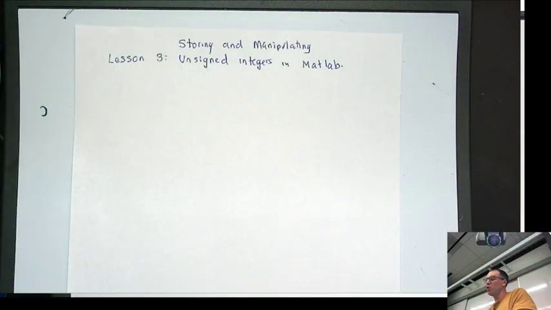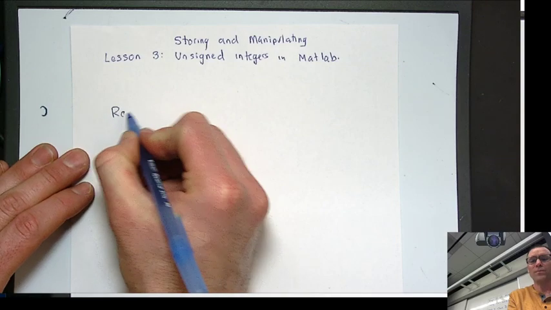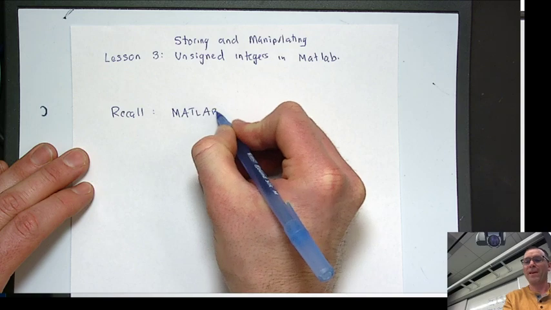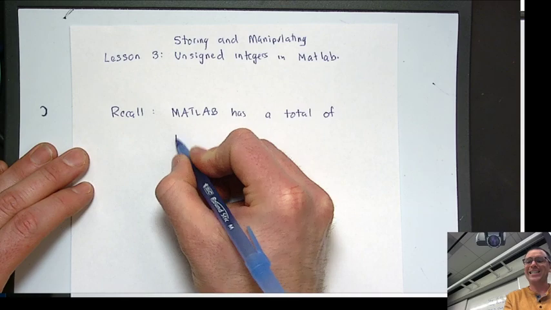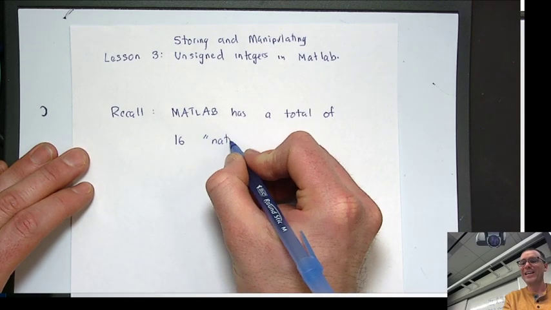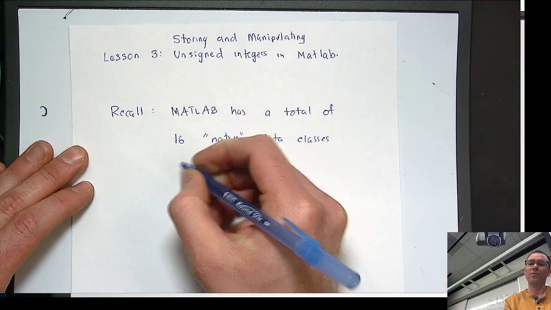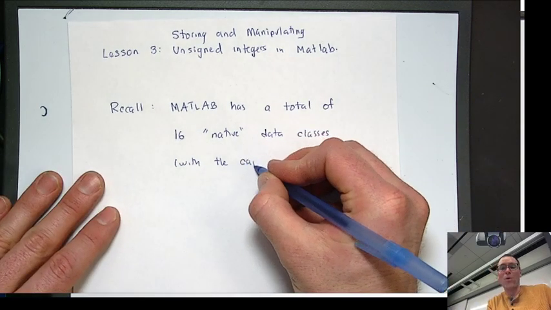So let me ask you this. Do you remember the 1st of November? Do you remember how many data classes MATLAB has? Off the top of your head? So recall, MATLAB has a total of 16 quote-unquote native data classes with, for us, the capacity to add more.